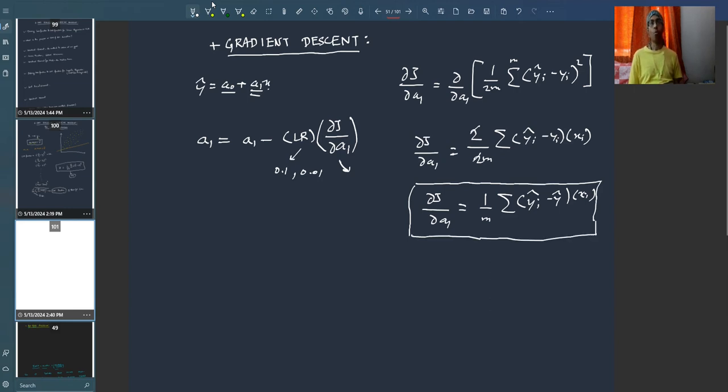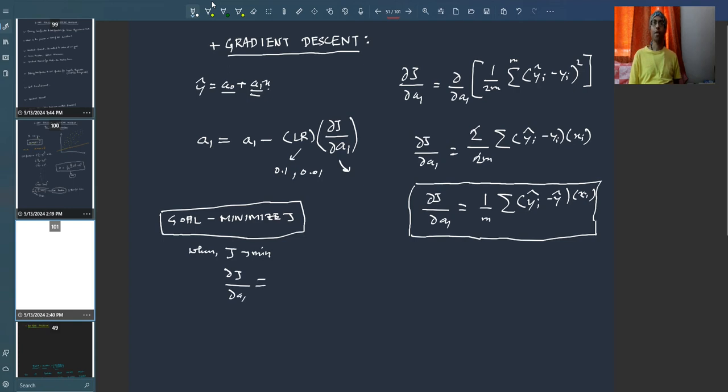Now when J is at its minimum, our objective is what? Minimize the cost function. The goal is to minimize J. Now when J is minimum, del J by del a1 should be equal to 0.